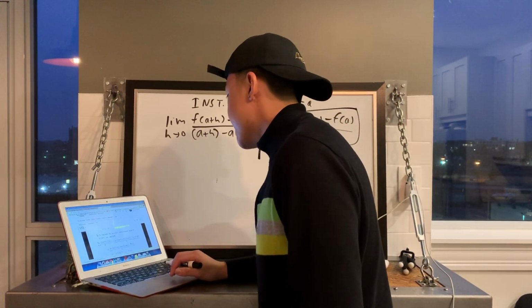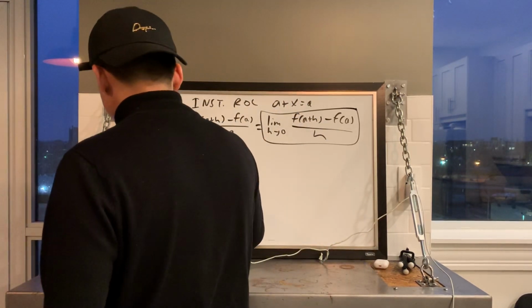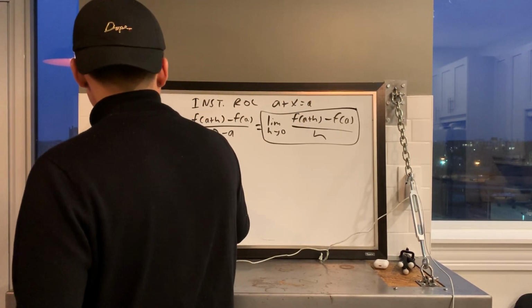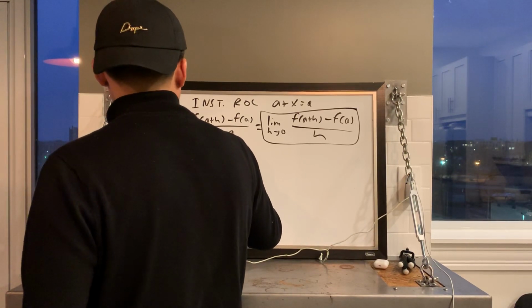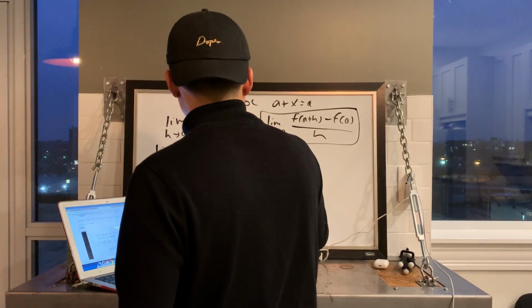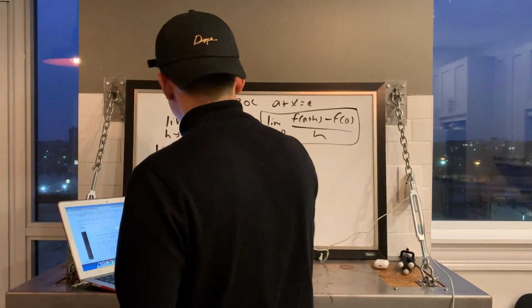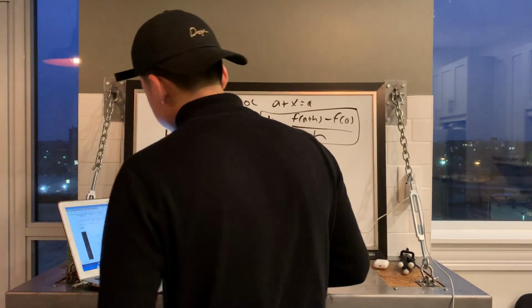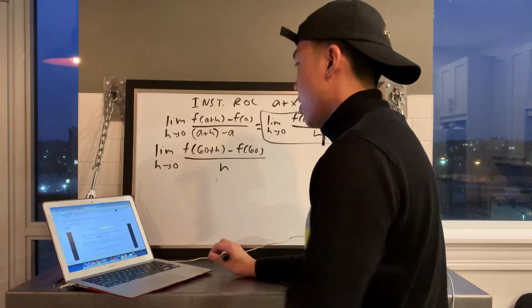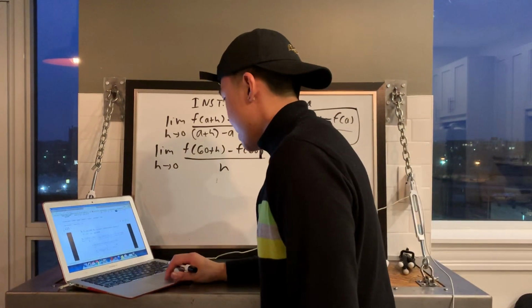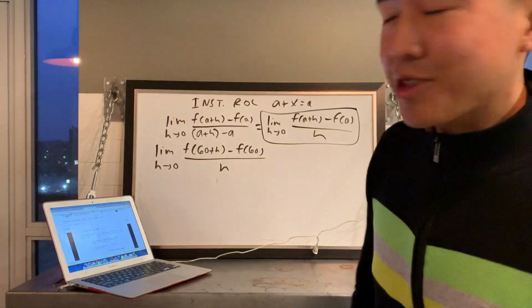So you calculate the instantaneous speed at 60 seconds. What we do is the limit as h approaches 0 of f of 60 plus h minus f of 60, okay, all over h. And now we're going to get to this montage of solving, essentially.